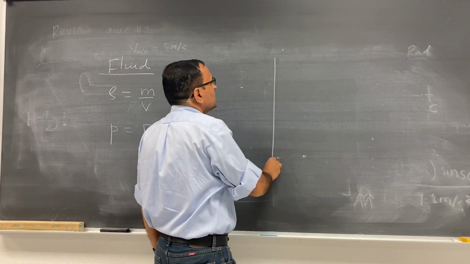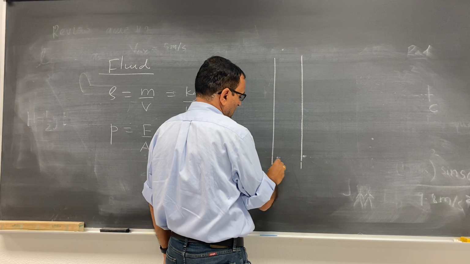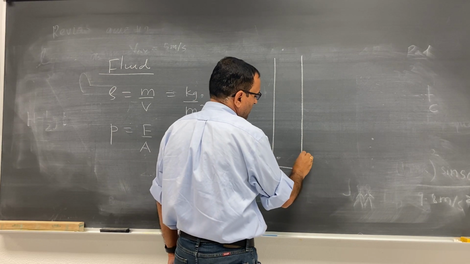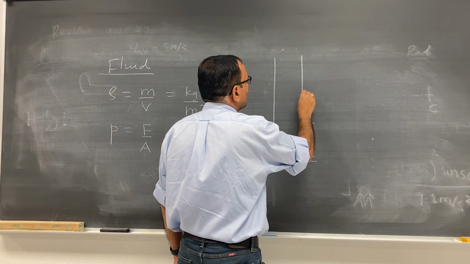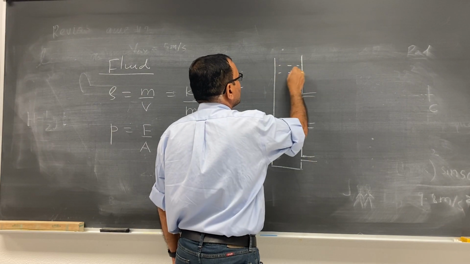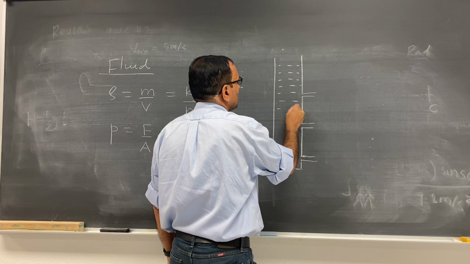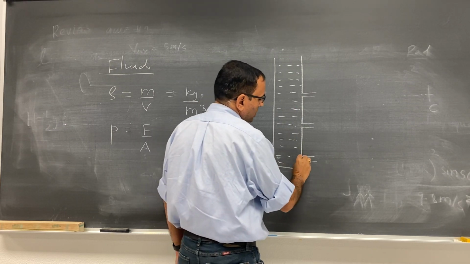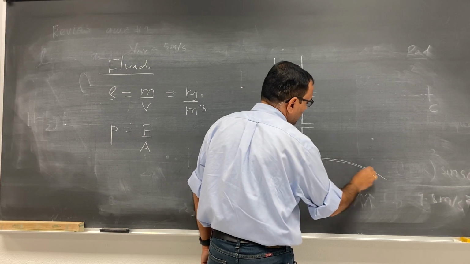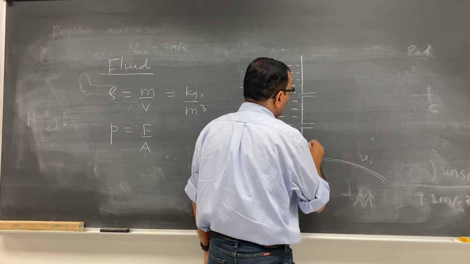For example, if you have a tower like this, and there is an outlet here like this, and you fill it with water, and let us suppose water is coming out from here with this velocity. Let me call it V1.